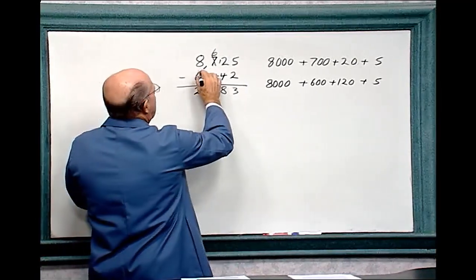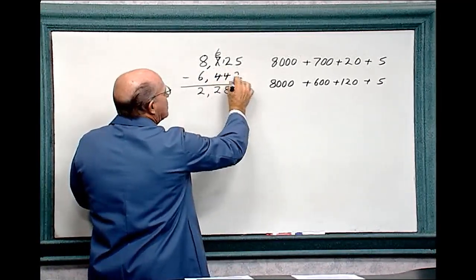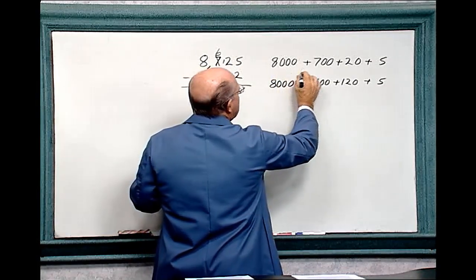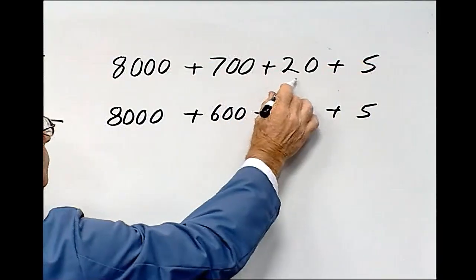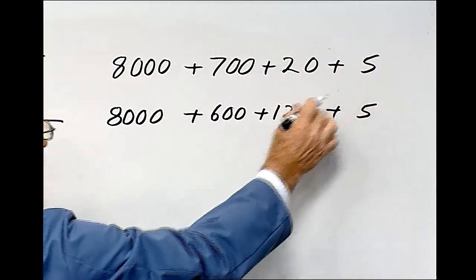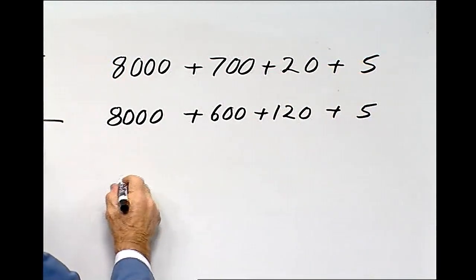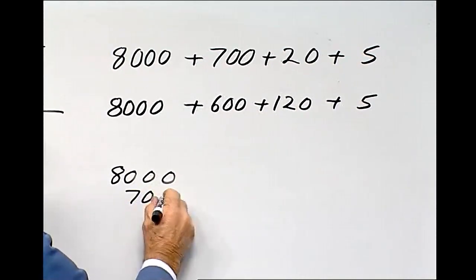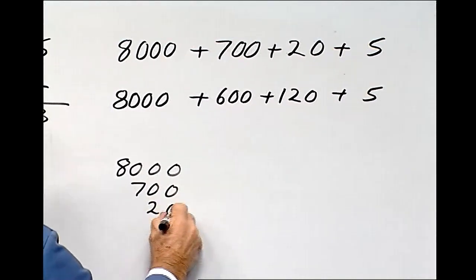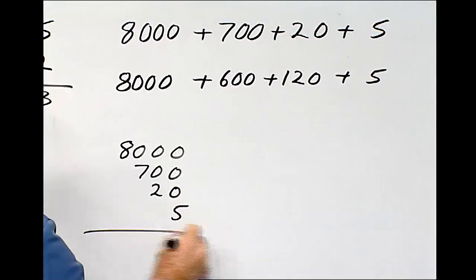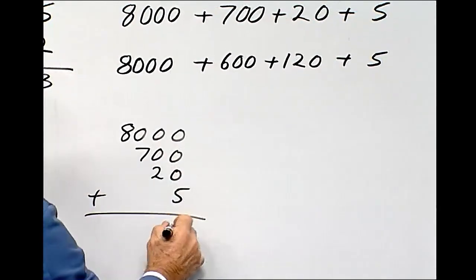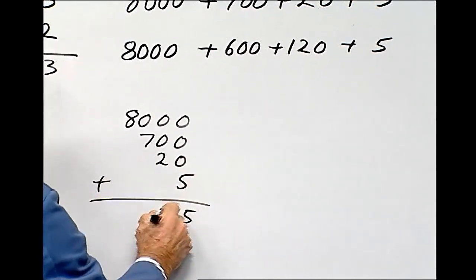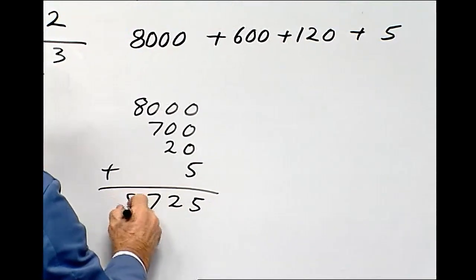What this number, 8,725, is, it's 8,720 plus 5. So if we take those numbers, 8,000 plus 700 plus 20 plus 5, if we add them all together, we get 8,725.